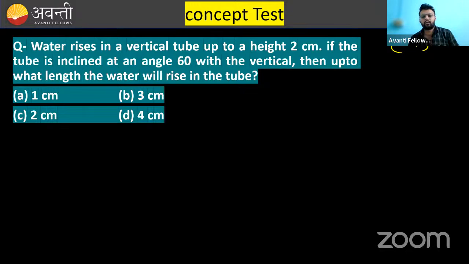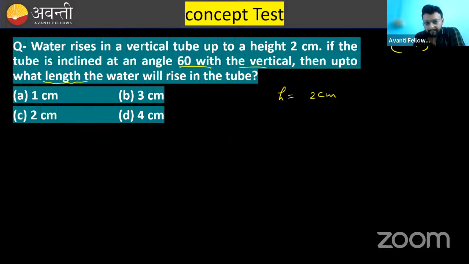So the question says, water rises in a vertical tube up to a height of 2 centimeter. So H is given as 2 centimeter. If the tube is inclined at an angle of 60 degrees with the vertical, then up to what length will the water rise in the tube?